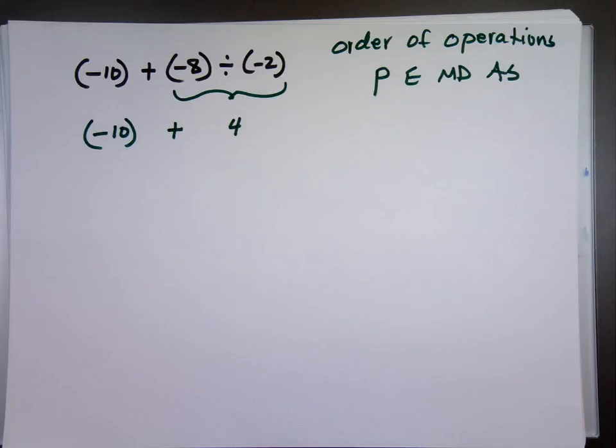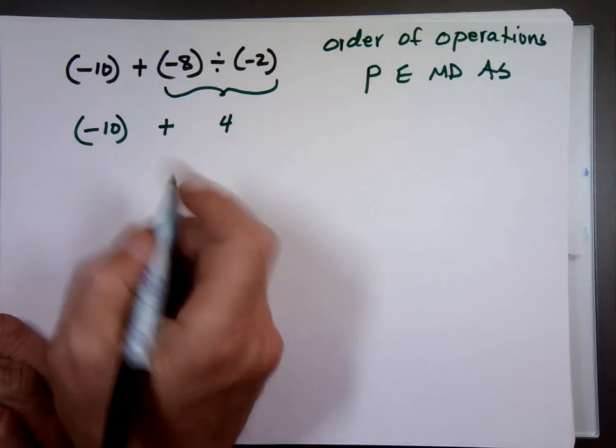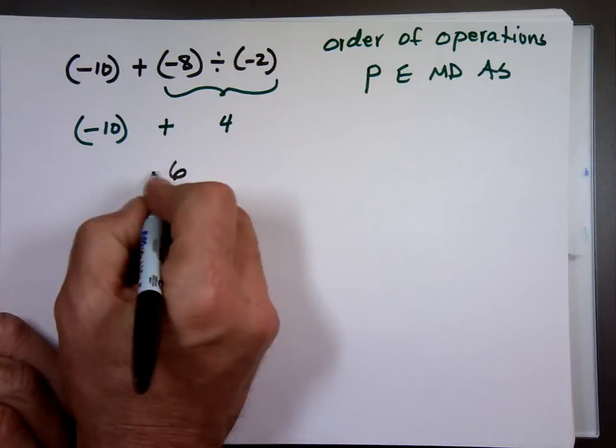So what was the rule for addition? Subtract the absolute value of the lesser number from the larger. So 4 from 10, 6, and the sign of the larger absolute value, so negative 6.